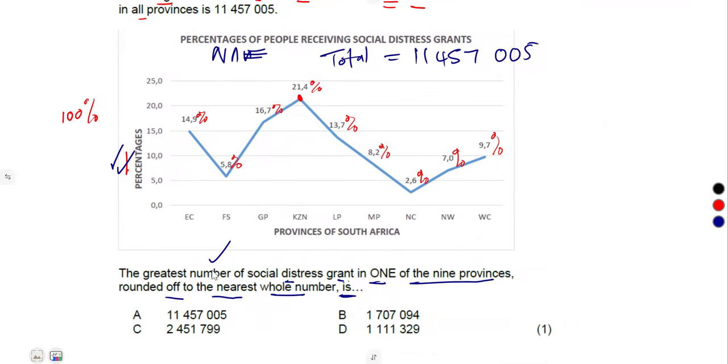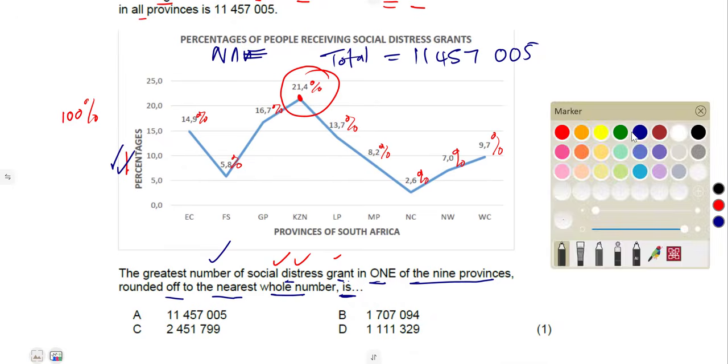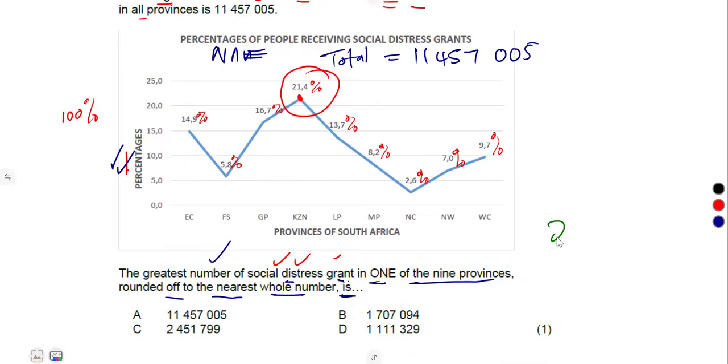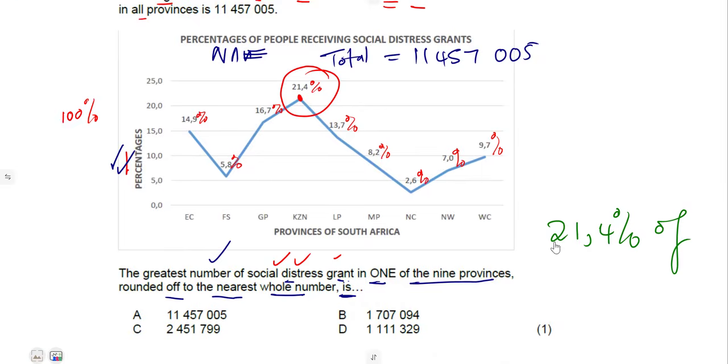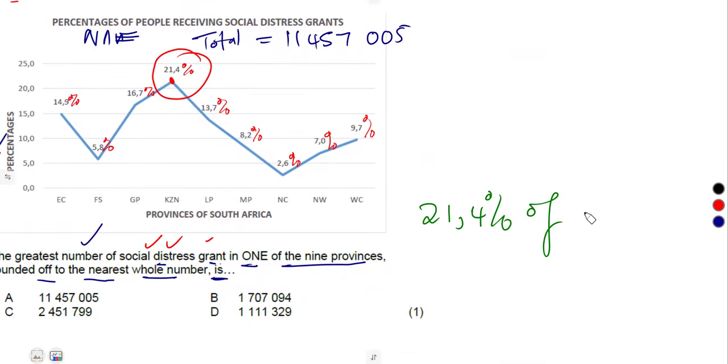But the question is the number of social distress grants, how many people are we talking about? If the highest is at 21.4 in terms of the percentage, the highest is occurring at 21.4% of what? Of the total. These are percentages which were measured from the total number of people in all provinces.